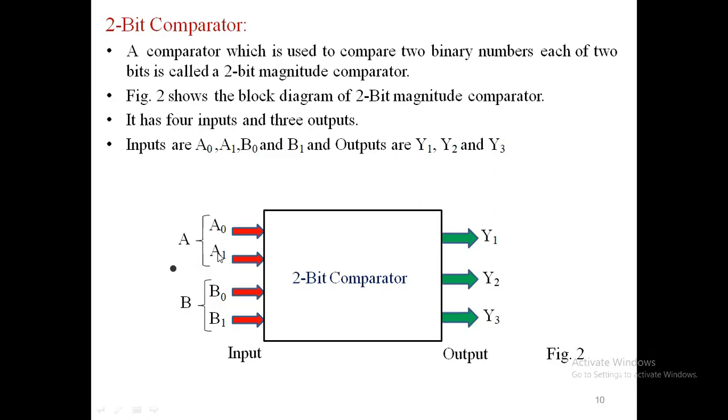The A value will be represented with 2 bits, and the B value is also represented with 2 bits. So there are 2-bit comparators, totally 16 entries. The outputs are the same as y1, y2, y3: A is less than B, A is equal to B, and A is greater than B. These are the outputs.